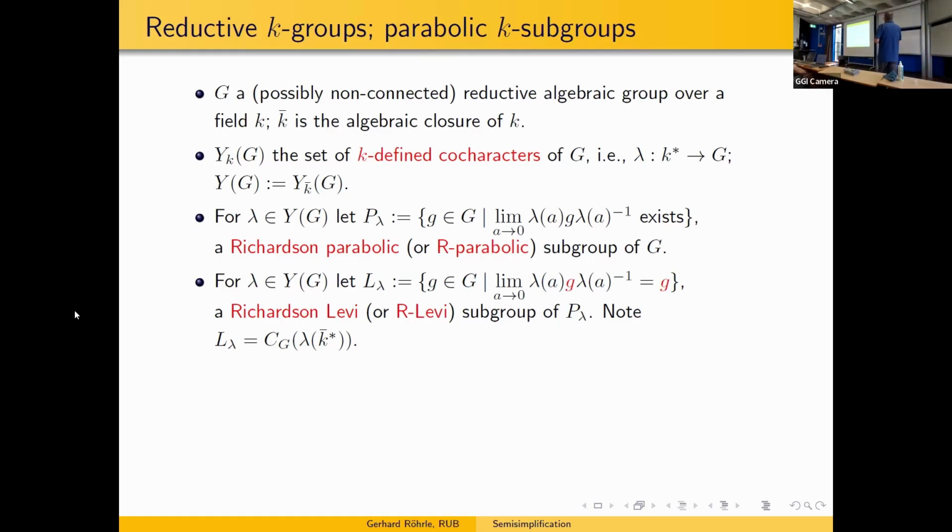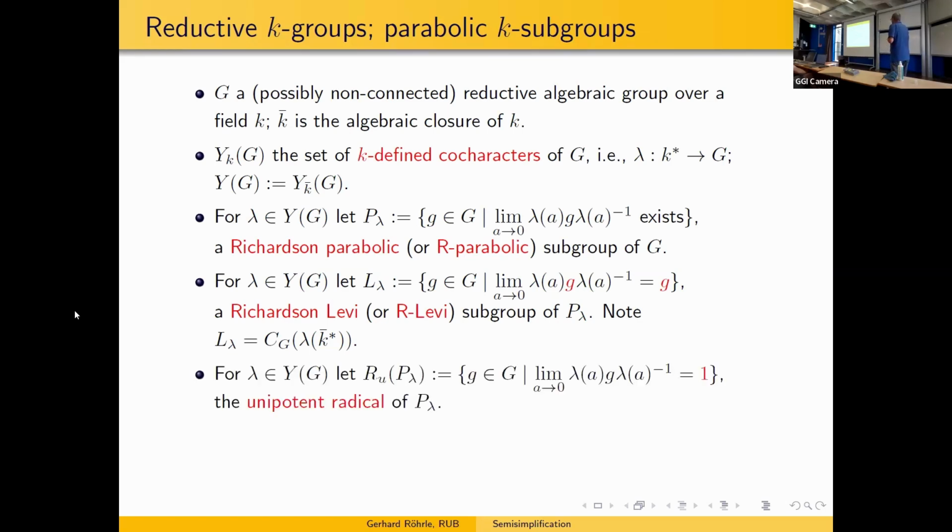So nothing happens when you conjugate. You conjugate, and it's fixed. Okay, so this really is the centralizer of this one-dimensional torus. And then the kernel of that, the unipotent radical, is simply the set of elements for which the limit exists and is equal to the identity.